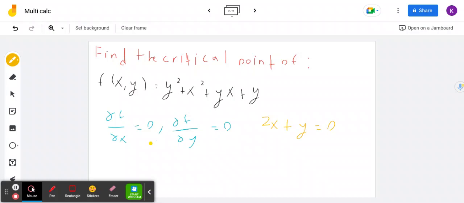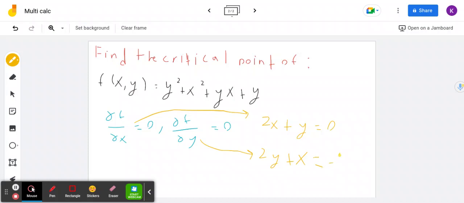And the partial with respect to y: taking the derivative of y squared, we get 2y. Derivative of xy, we get plus x. And the derivative of y, we get plus 1, but I'm going to subtract the 1, so this is equal to negative 1.